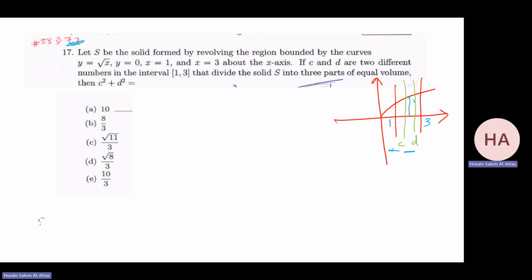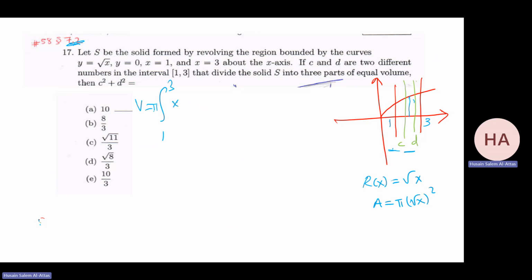So I'll do it in steps. By the way, what is R of X? Very clear, the square root of X. So the area will be pi times the square root of X, all squared, which is easy. So the volume will be, what? The integral from 1 to 3, the full volume, of pi X dx.